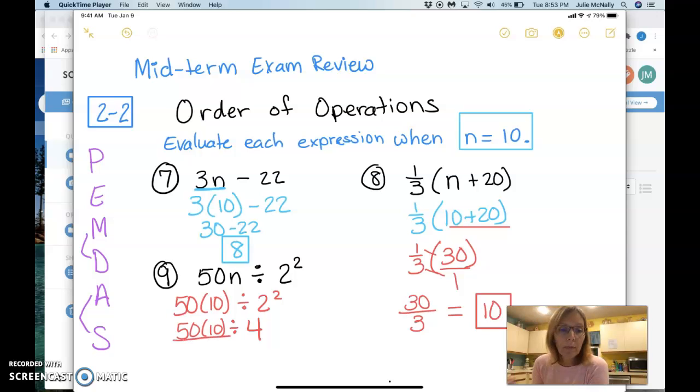Now I can do my multiplication and division from left to right, in the order that you get to it. So 50 times 10 is going to be 500. And then 500 divided by 4 is going to be 125. And that's it.